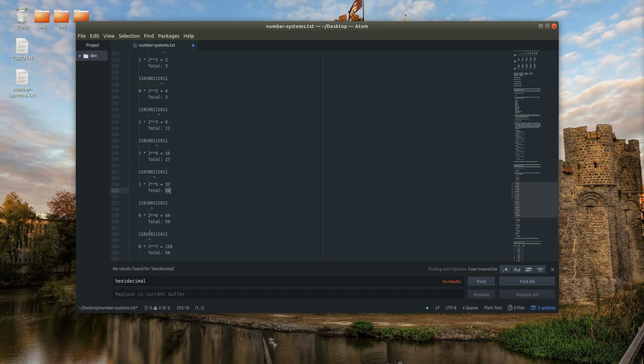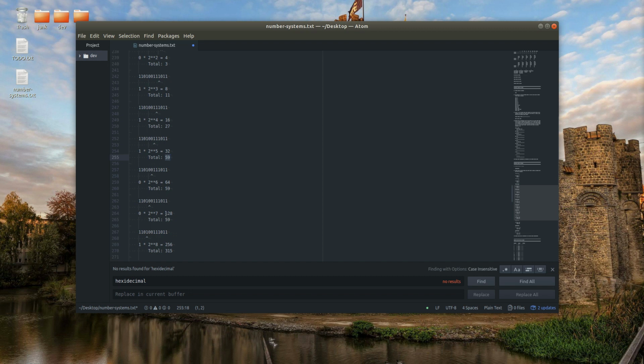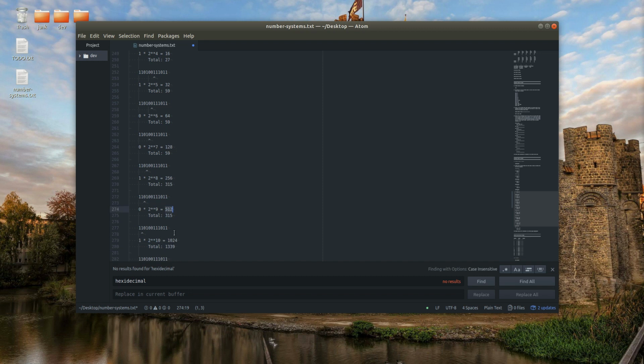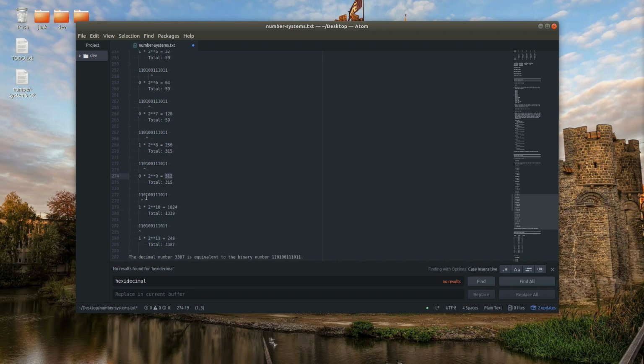We have 0 128s, so we're still at 59. We have 1 256, so we add 59 and 256, we got 315. We have 0 512s, so we're still at 315. And we have 1 1024, so we add 315 to 1024, we get 1339.